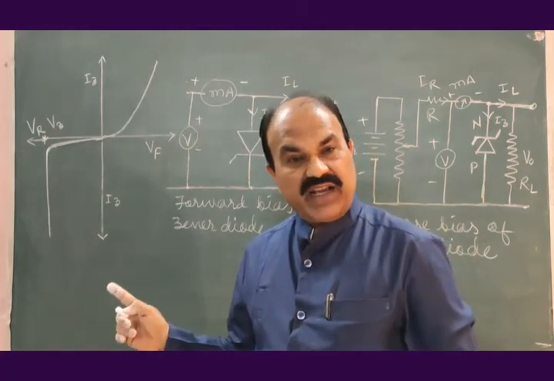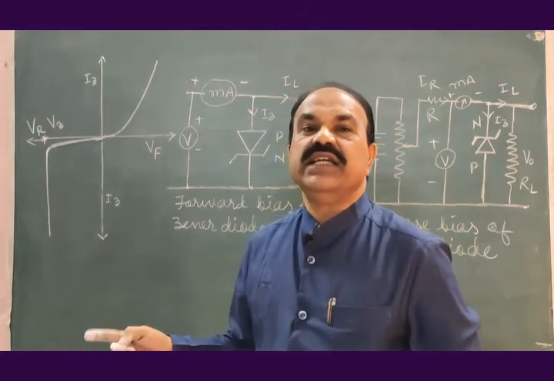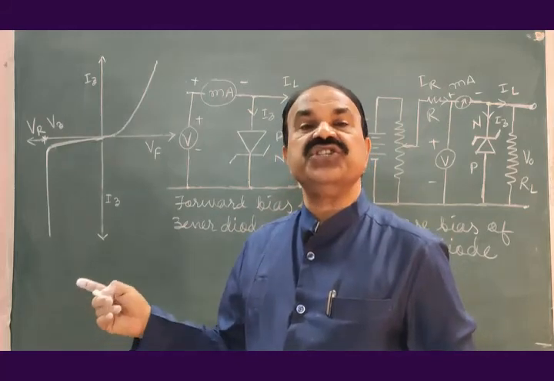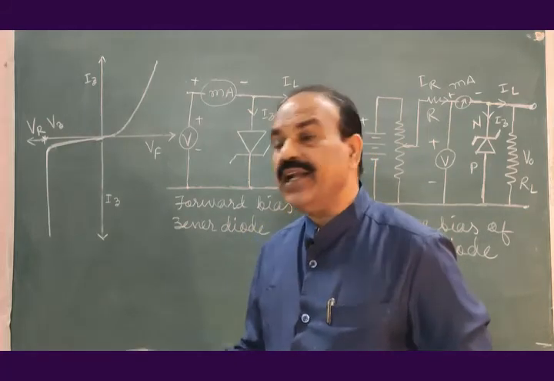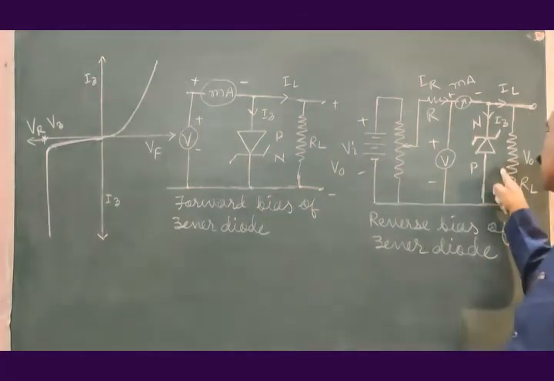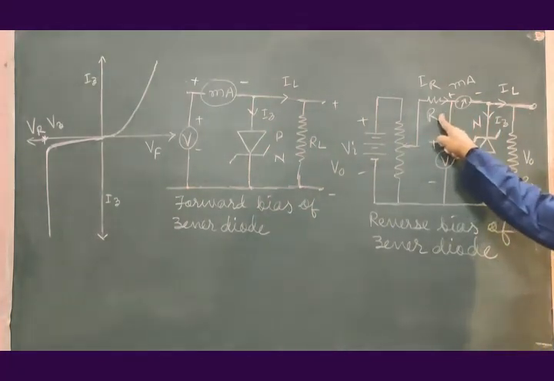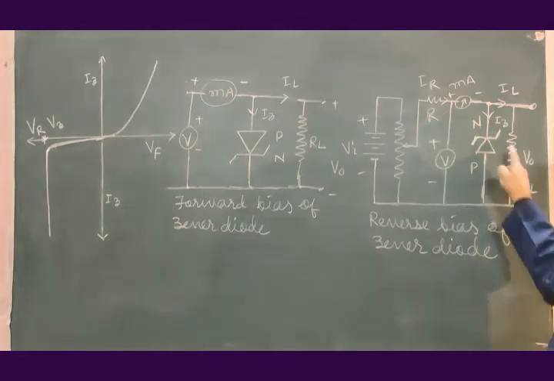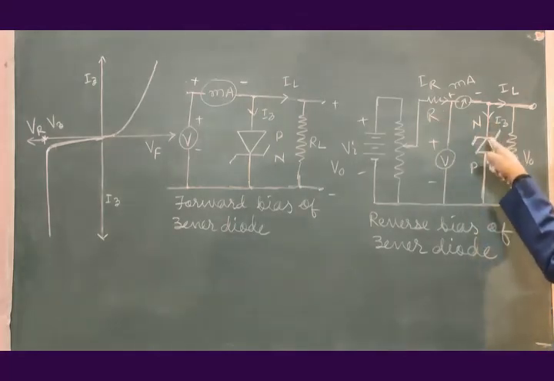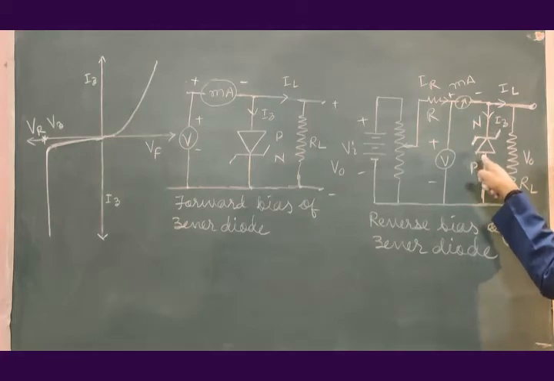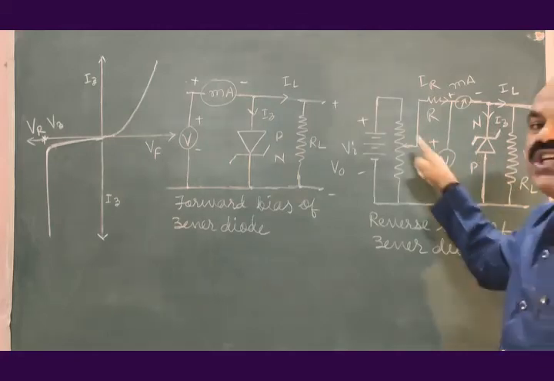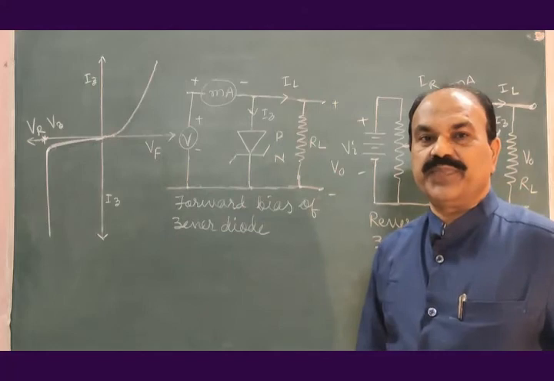If this current becomes excessive, it may burn out the Zener diode, and therefore we have used load resistance RL as well as series resistance R, so that these two can control the current flowing through the Zener diode when it works in the breakdown region.